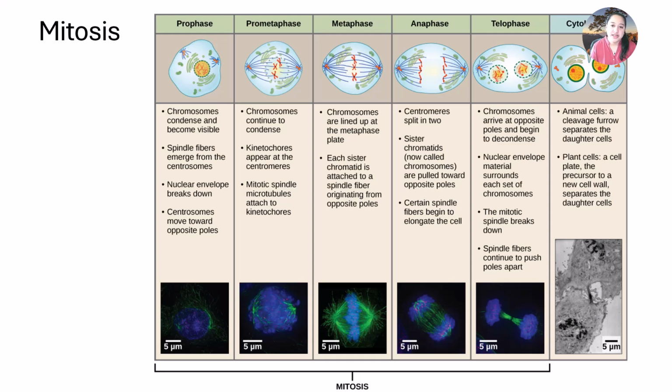And you can tell because in animal cells there's what's called a cleavage furrow, which is just, you can see the little division. And then in plant cells, it's called something else, a cell plate. But either way, it's just terms for seeing there's a division in the cells being separate now.